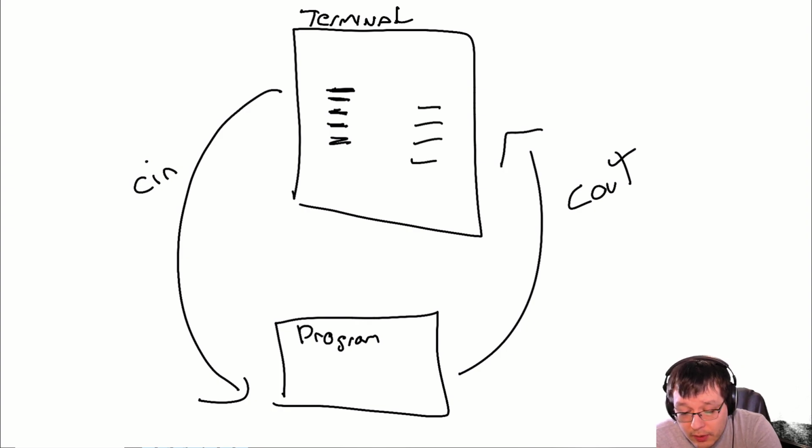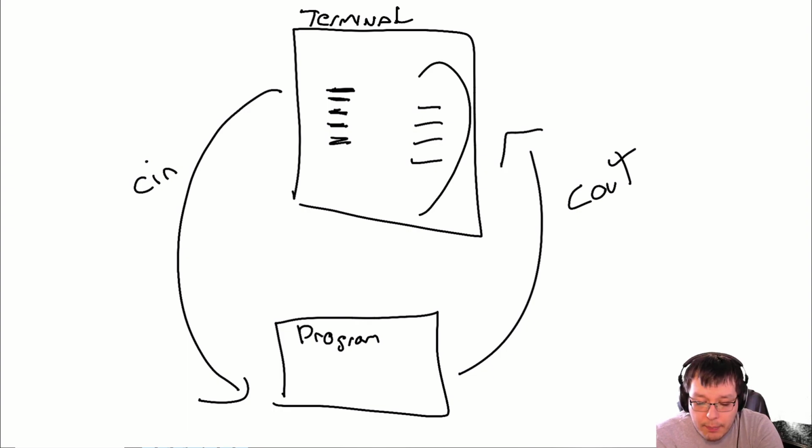So I suppose the better example could be, what if you want a copy of the information that gets printed? What if you want to store that in a file for later review? Or on the side of the cin, instead of typing my name every time, what if I just want to create a file that has my name, and then I can just use that file to feed it in?